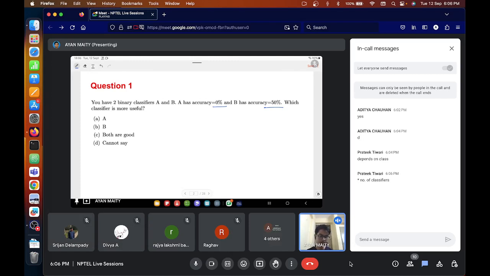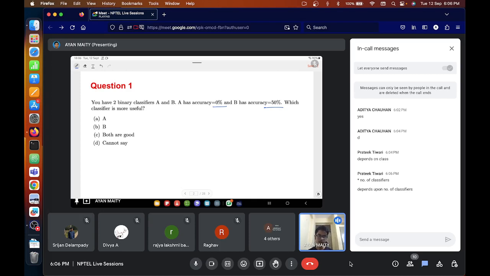Pratik is saying number of classifiers. So any other answers? Depends upon number of classifiers.